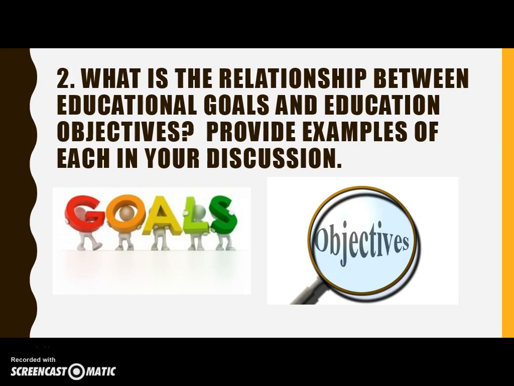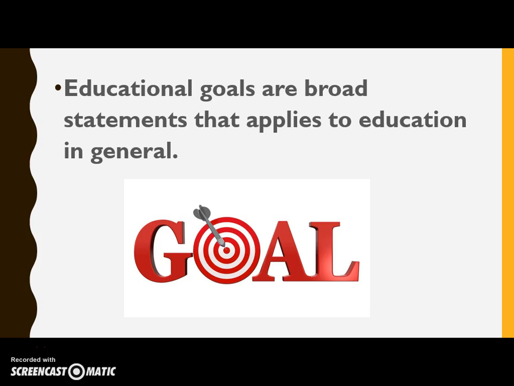Question 2. What is the relationship between educational goals and education objectives? Well, educational goals are broad statements that can be applied to education in general. They're, in a sense, kind of like a target that educators are trying to reach.